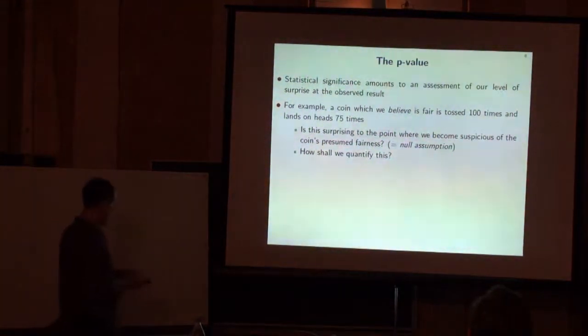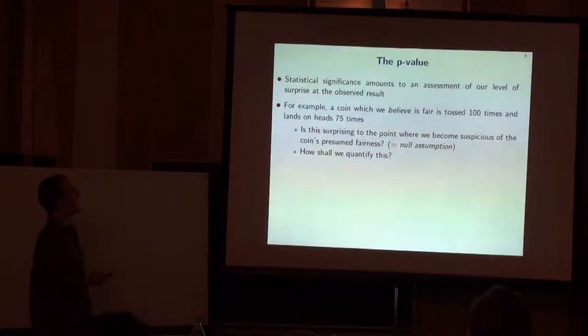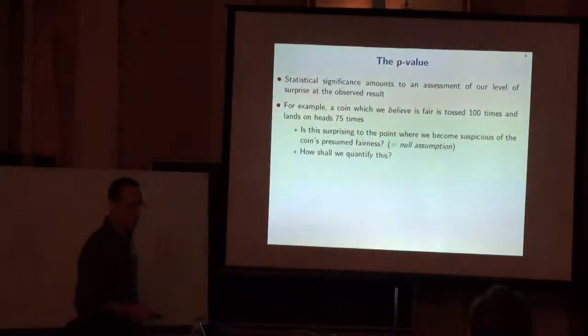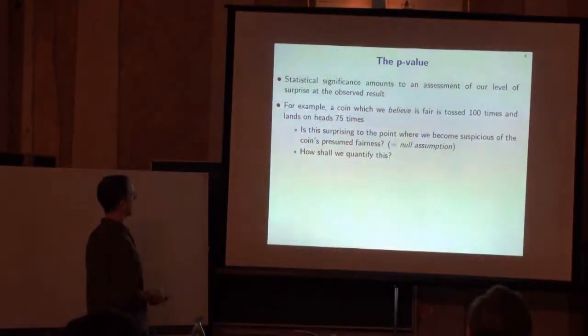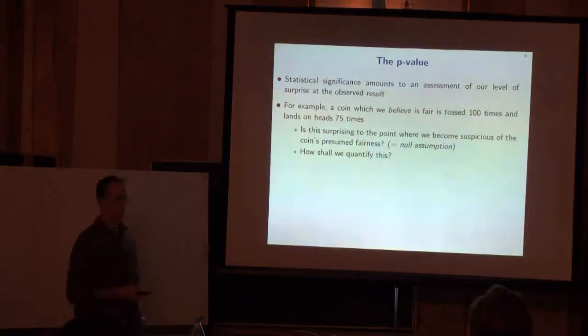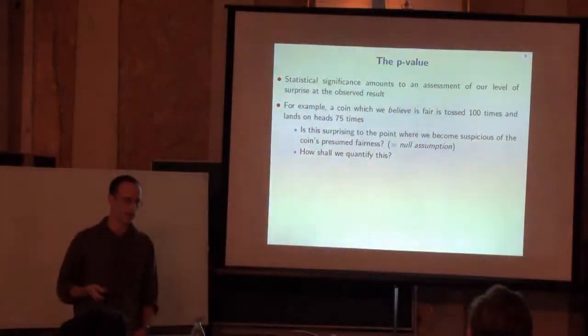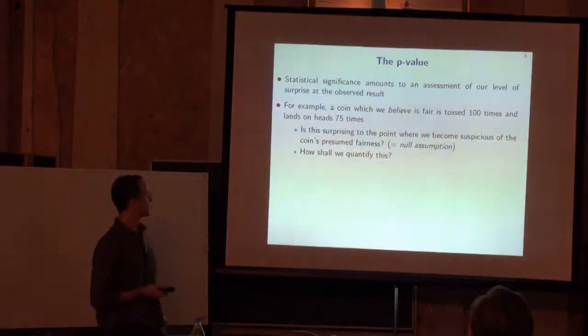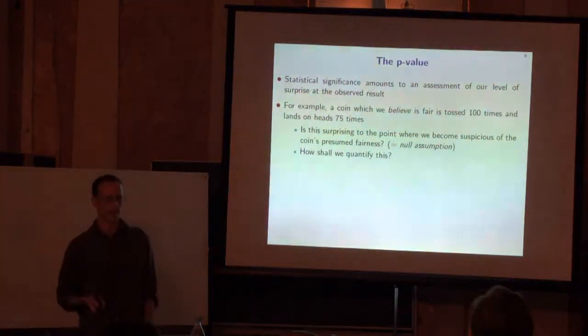Let's just look at a simple example. We're given a coin which we believe is fair, so that is our null hypothesis. We are told that this coin was flipped 100 times, and 75 times it landed on heads. Is this surprising to the point where we become suspicious of the coin's presumed fairness, of the null assumption?